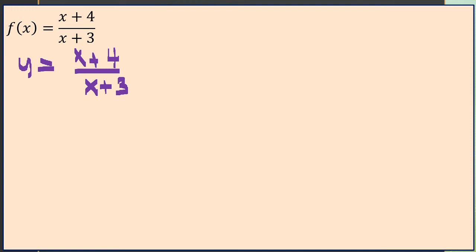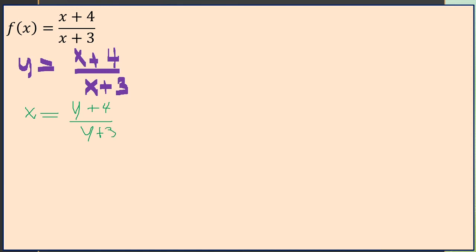The next step that we need to consider is to change y to x and then x to y, or interchange lang natin yung x and y. So yung y magiging x at yung x naman in numerator and denominator magiging y. So we have y plus 4 all over y plus 3.